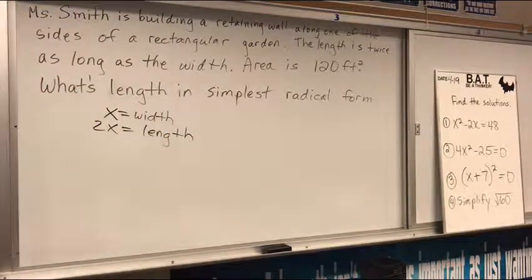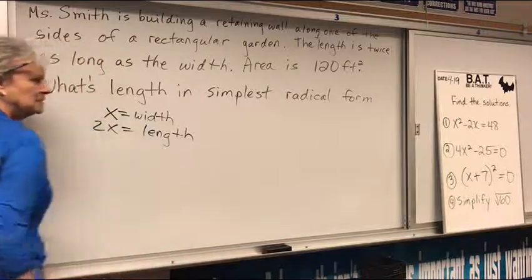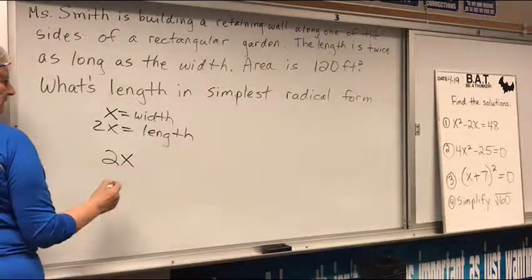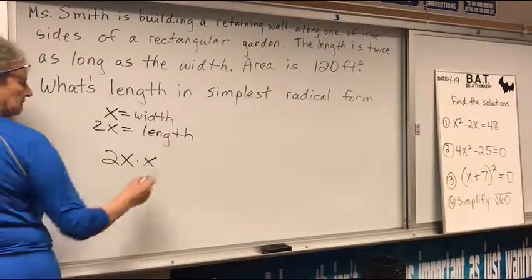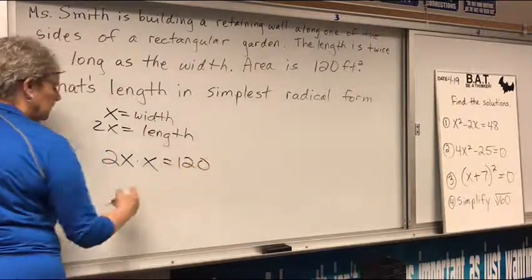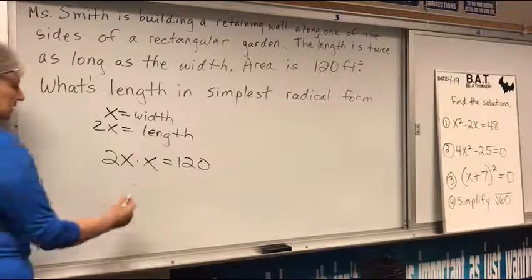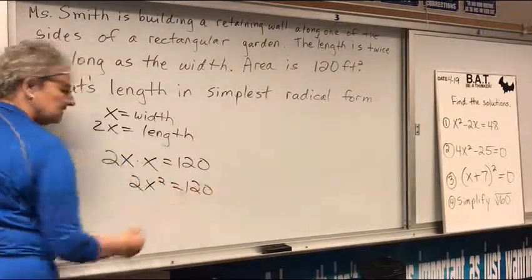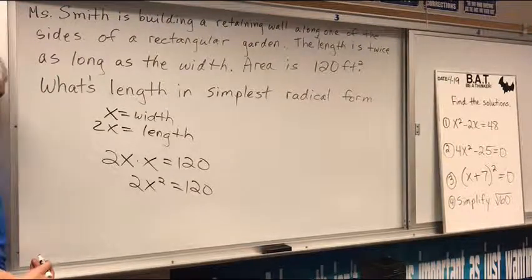All right. Length times width equals the area. Can somebody give me an equation? Yes. 2x times x equals 120. Well, that's 2x squared. 2x squared equals 120. We're solving for x.